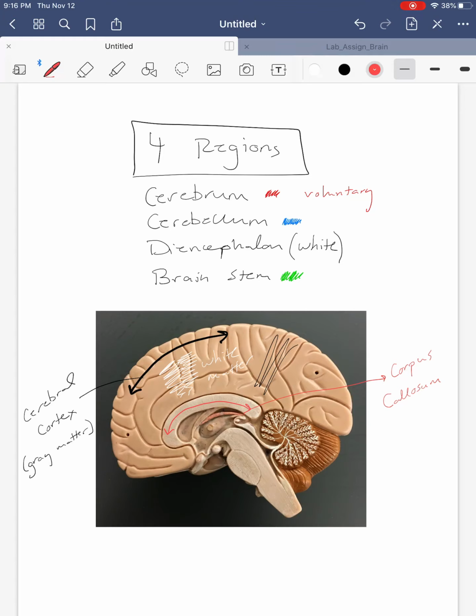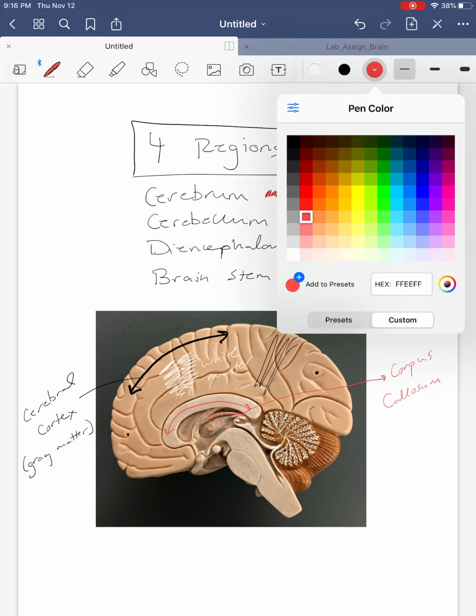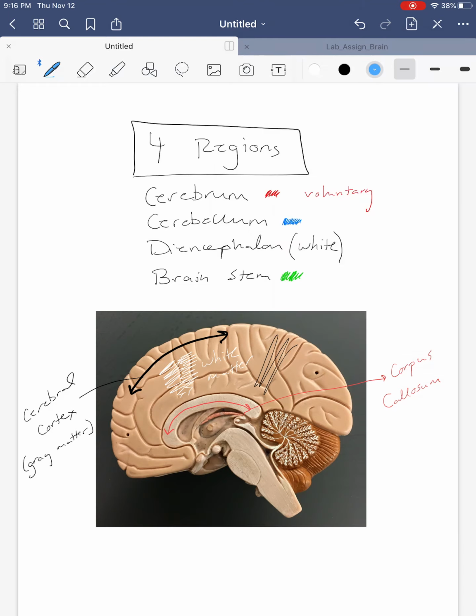And then the floor to that, let's go with blue, is called the fornix. So this structure right here is called the fornix. And the way that I remember it is it's more or less the floor to the corpus callosum. So I just think FF, floor, fornix.